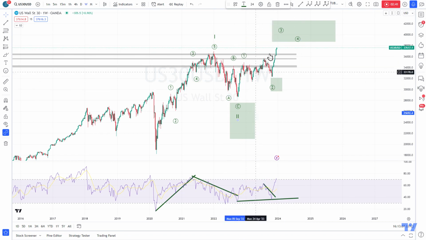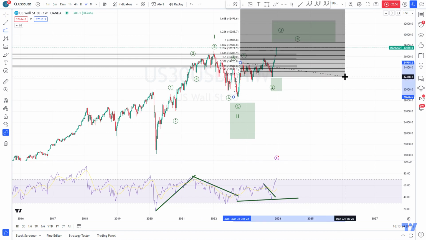So therefore, for now, I just continue with the scenario in green, the bullish one. And so, as already shown in an earlier video, this here becomes our target area. If we take the length of the wave 1, the length of the wave 2, then here this area between the 1 and the 1.618 extension is our target for a wave 3.